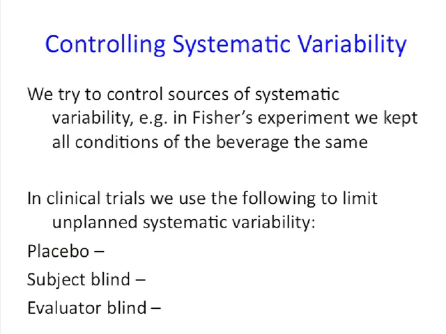The subject blind is a way of controlling for any kind of bias that might happen when someone knows that they're really getting the treatment versus those who know that they didn't get the treatment and therefore are just part of the control group. And again, evaluator blind is a way to try and control for the systematic variability that could enter with a doctor who really might be influenced by the knowledge that the child did or did not get the actual vaccine.